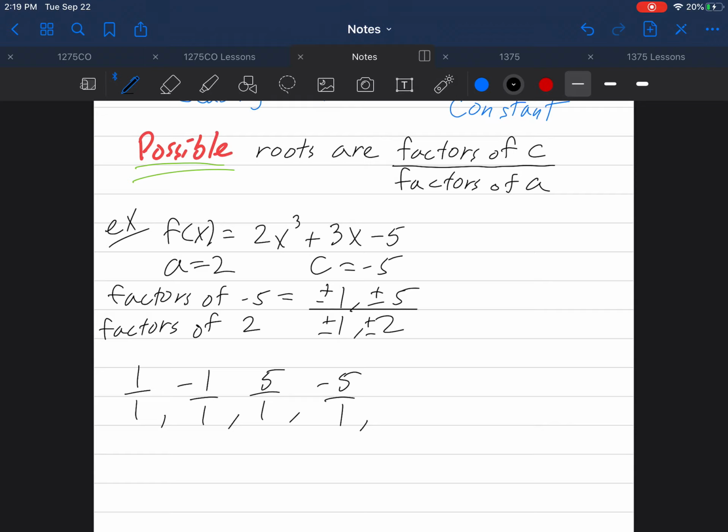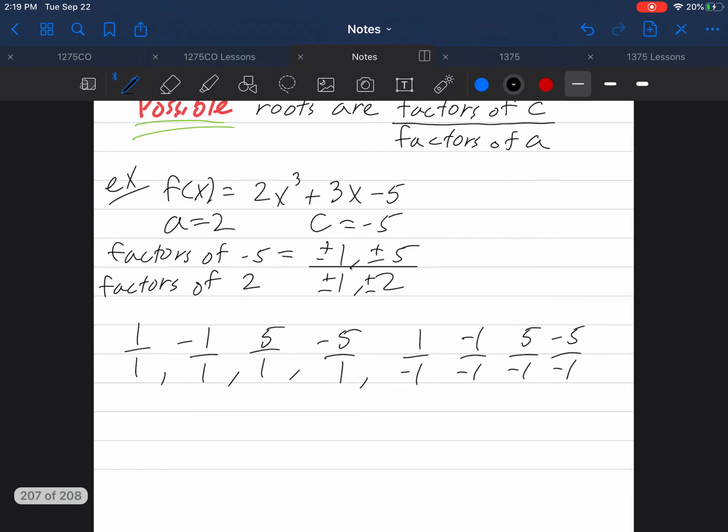But in addition to this, we can have all of these same numerators, 1, -1, 5, and -5. And on the denominator, this same 1 except negative.